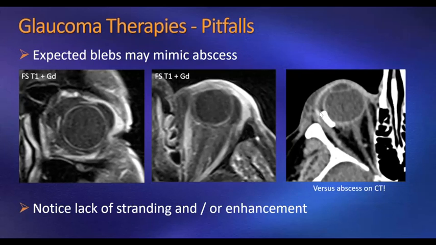This would be unusual for a typical fluid bleb associated with a glaucoma shunt. This is truly an abnormal finding, and notice also the marked enhancement and thickening of the conjunctiva adjacent to the fluid collection, consistent with an abscess.